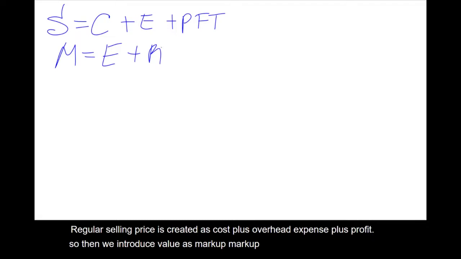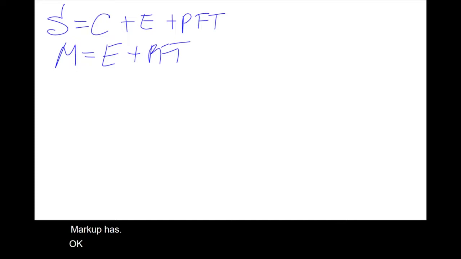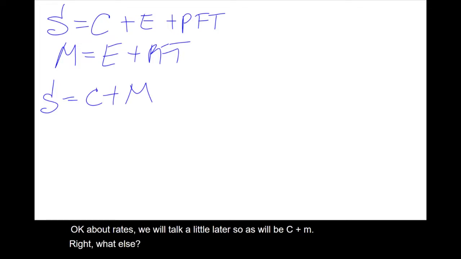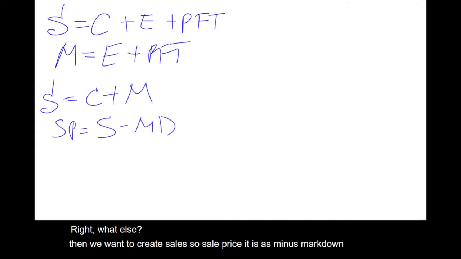Markup is expense plus profit. Markup has, okay, about rates we will talk a little later. So S will be C plus M, right? What else? Then we want to create sales. So sale price, it is S minus markdown amount.